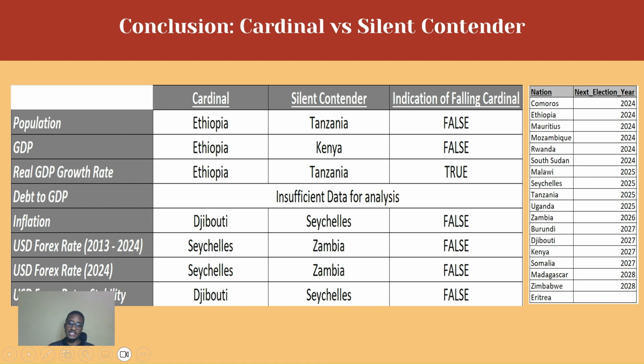And then when you consider the stability itself, you compare now Djibouti as a cardinal and Seychelles. So Seychelles has more variability than Djibouti, and so it's unlikely to usurp it maybe in the next few months to a year.